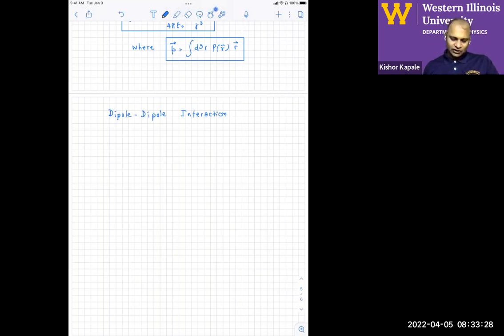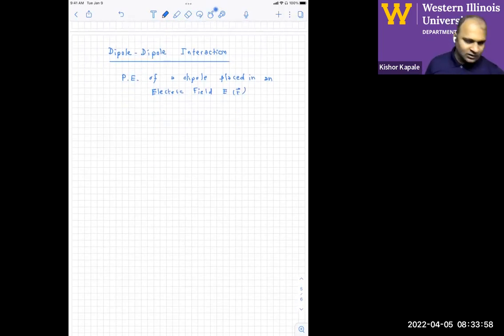So what's the potential energy of a dipole? Let me first ask you this question. The question is, what is the potential energy of a dipole placed in an electric field E of R? Anybody remembers what that would be? So that's the potential energy.